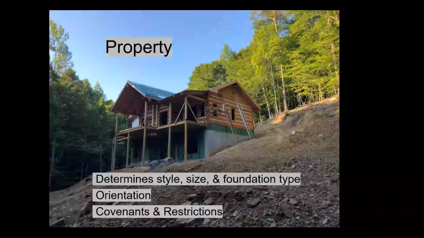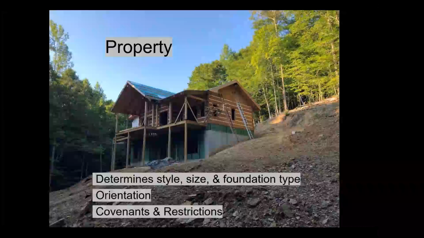But your property is going to help determine so many things about your home. It's going to determine the overall size, because with every piece of property, you're going to have setbacks and easements and things like that, where you can bring in utilities, where you can bring your driveway in, how far back off the property line you have to be. And that's ultimately going to tell you how much home you can put on your lot.